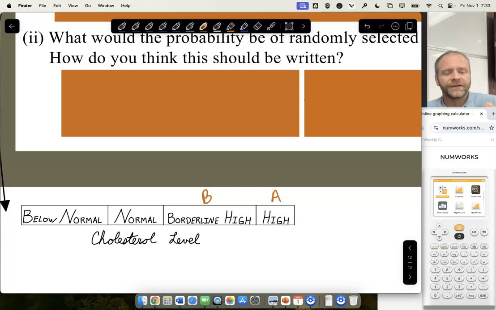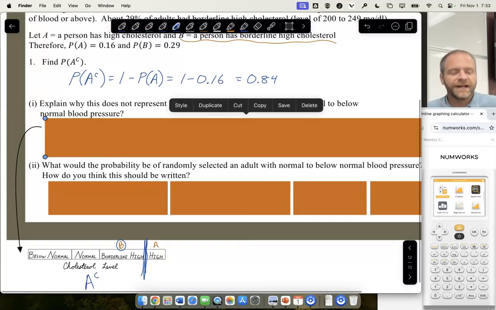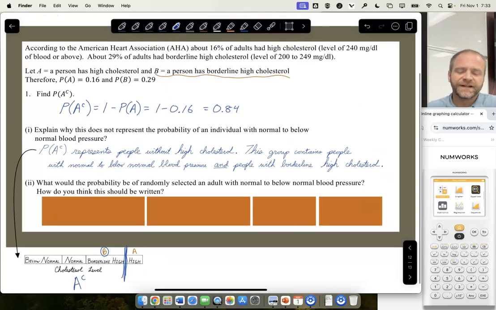So when we found the probability of A complement, it did find the probability of someone with below normal or normal cholesterol levels, but it also included event B. That is kind of a trick idea: it represents those without high cholesterol, which is people with normal to below normal, which is good, but that also contains event B, those who have borderline high cholesterol.